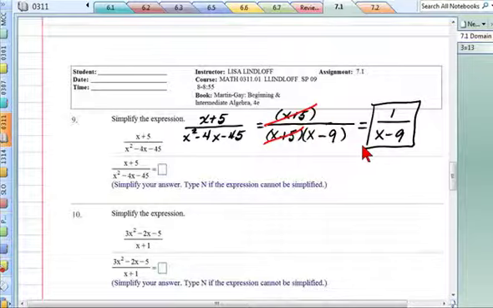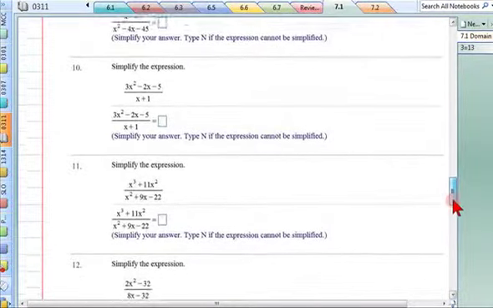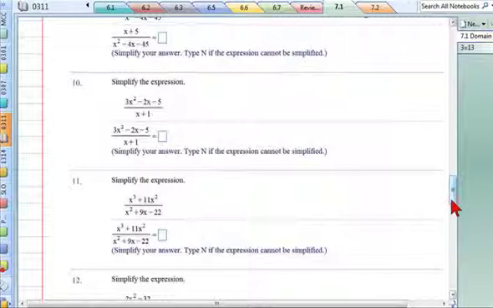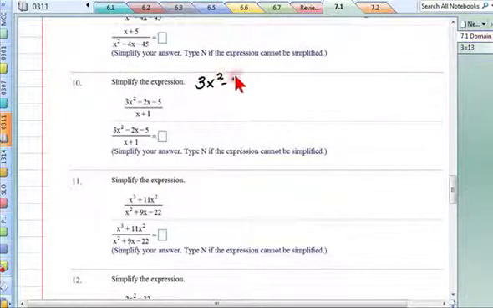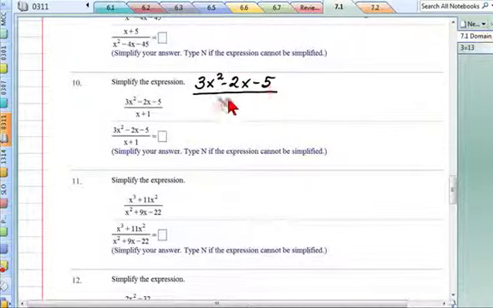All right. Let's look at 10. Number 10, I have 3x squared minus 2x minus 5 over x plus 1. Well, right away I noticed that I'm not going to be able to do anything with my denominator.